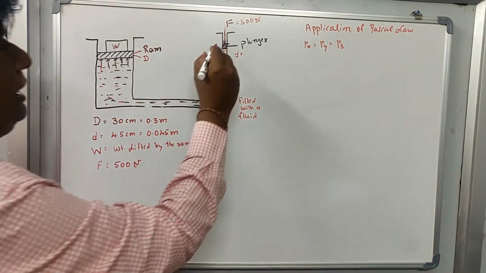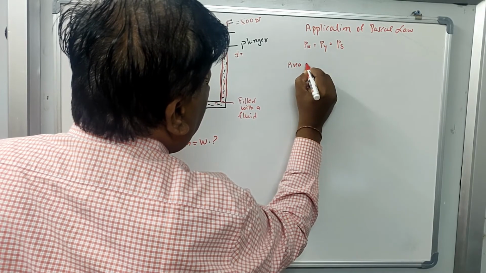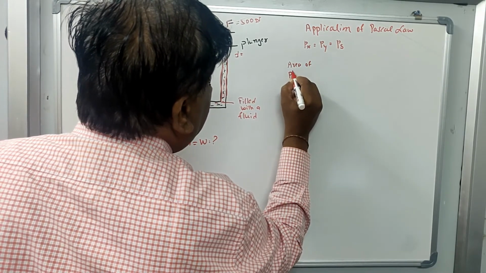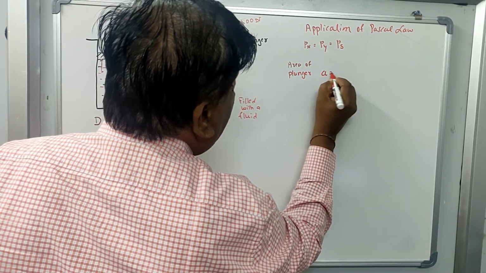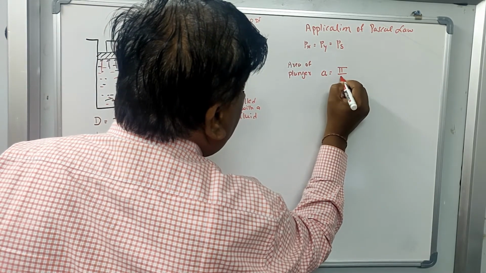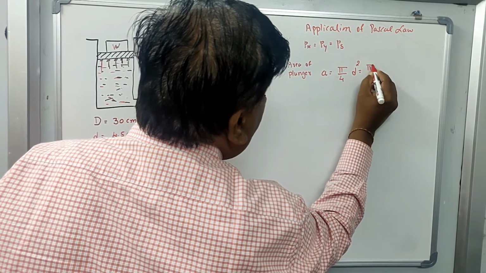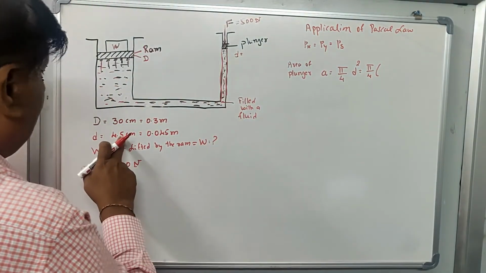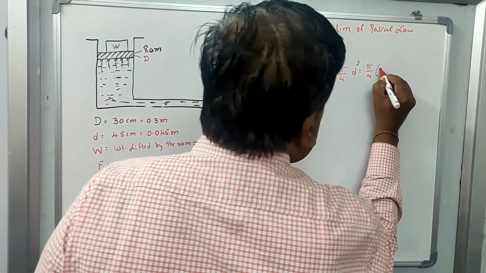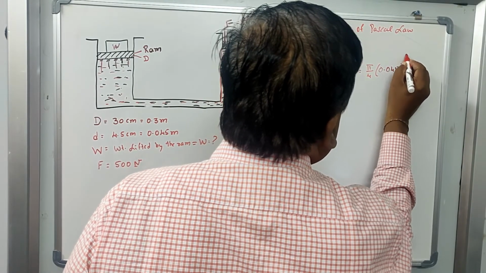First find the area of the plunger, small a, which is pi by 4 d square, pi by 4 times 0.045 square.